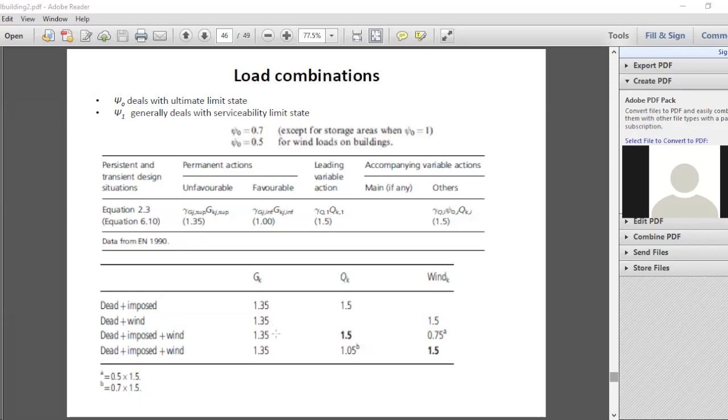In the second combination, we have the dead load acting on the structure, and also we have wind load acting on the structure. That means, immediately after construction, you will find that the structure is not yet opened. So that means still doing the finishing work.